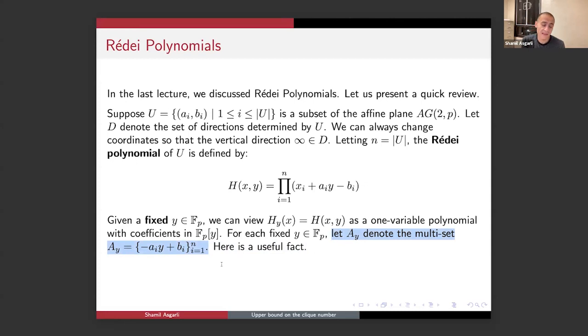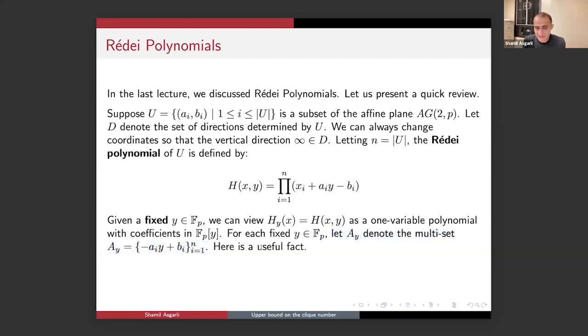Why do I say multiset? Because it is possible in theory that some of these could collide. Given a fixed y, maybe some of the a_i y plus b_i's could be the same. So it's important to keep in mind that there could be repetitions.